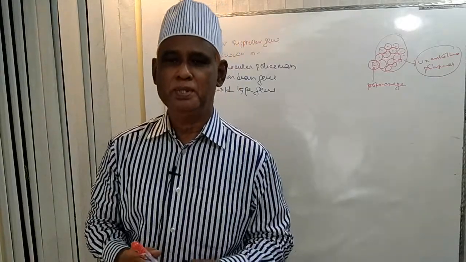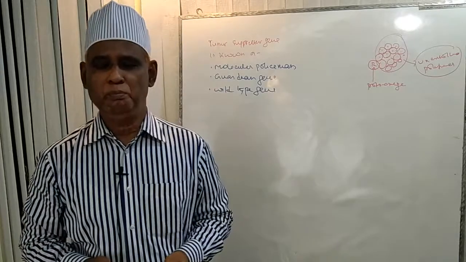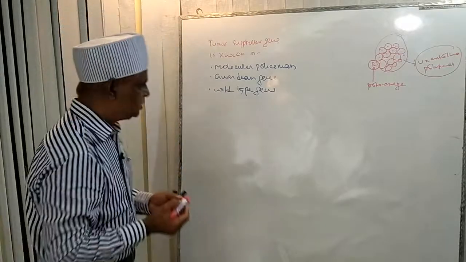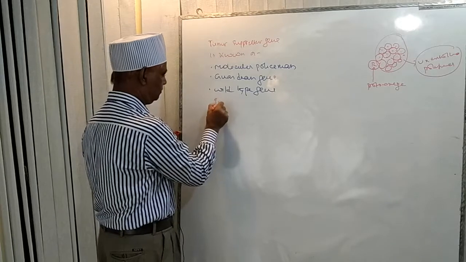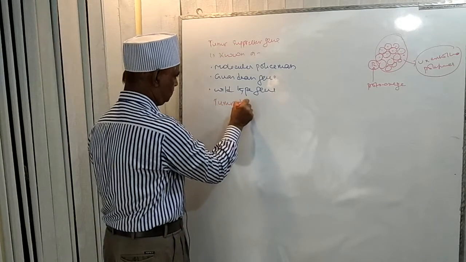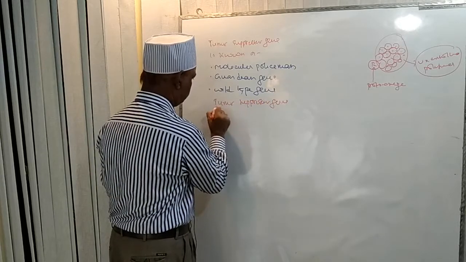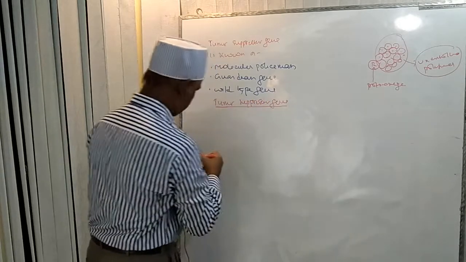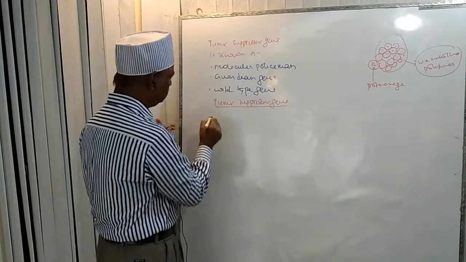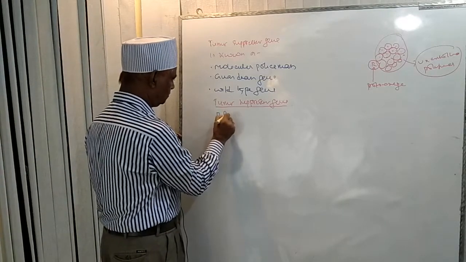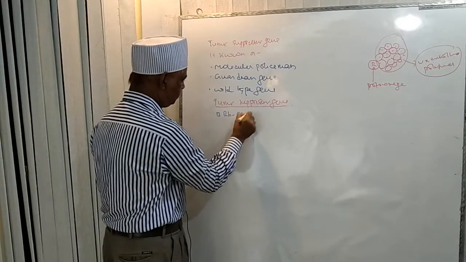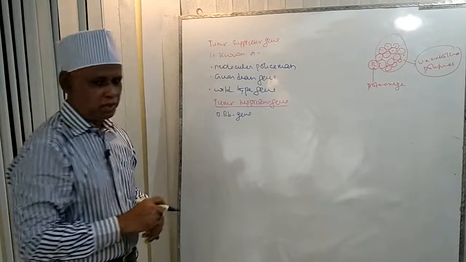Now come to some names of tumor suppressor gene. RB gene, retinoblastoma gene.